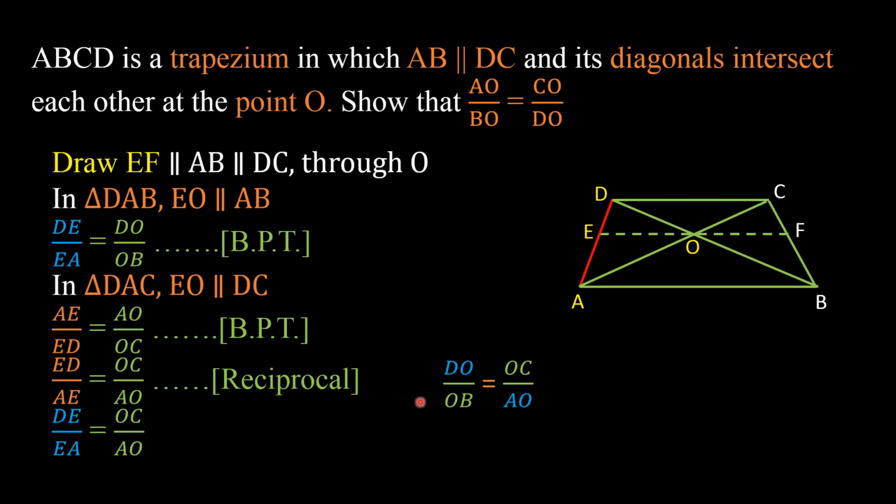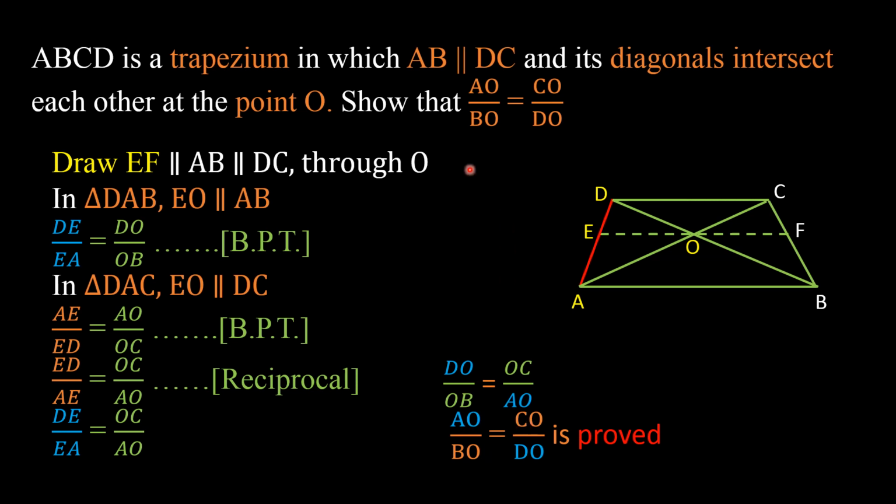Next, in order to reach this statement, we only have to interchange these terms. So in place of DO we will write AO, OB as BO, OC as CO, and in place of AO we will write DO. Now this is what we have to prove.